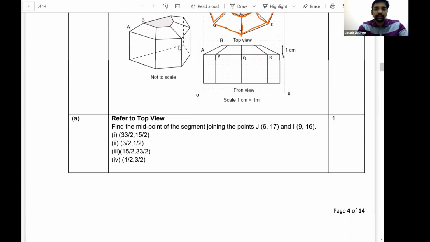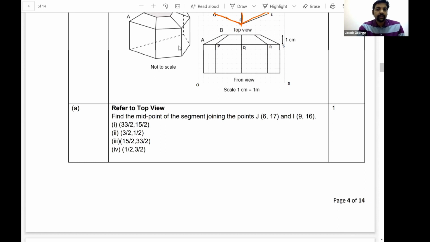So let's see the 5 sub-questions of this case study question. Question A of 17: Find the midpoint of the line segment joining the points J(6, 17) and I(9, 16). It's a very easy question. You can use the direct midpoint formula.